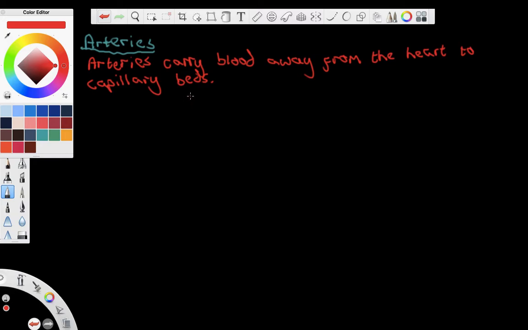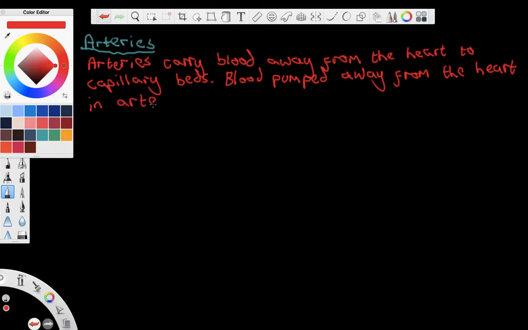So I'm also going to put in red that blood pumped away from the heart in arteries is under high pressure.